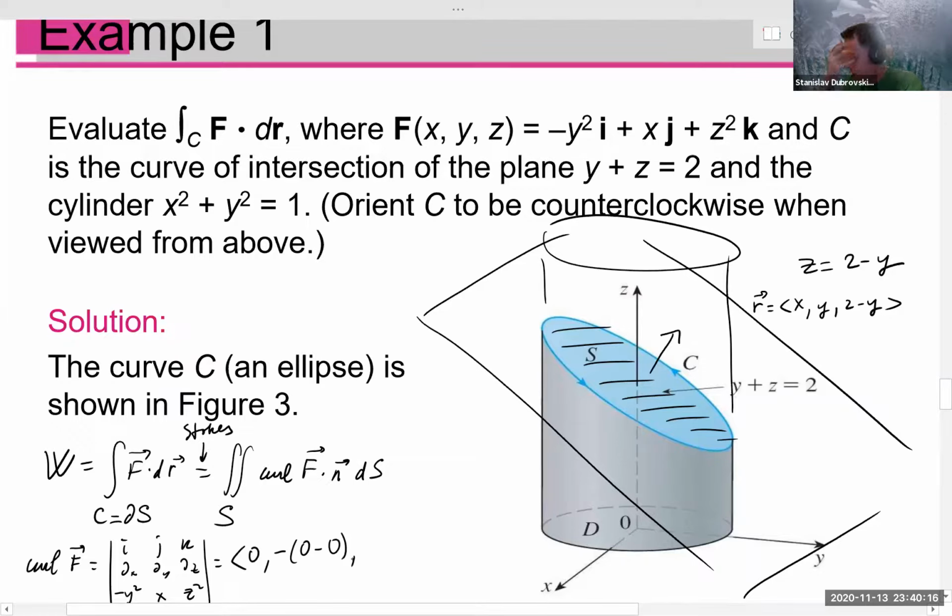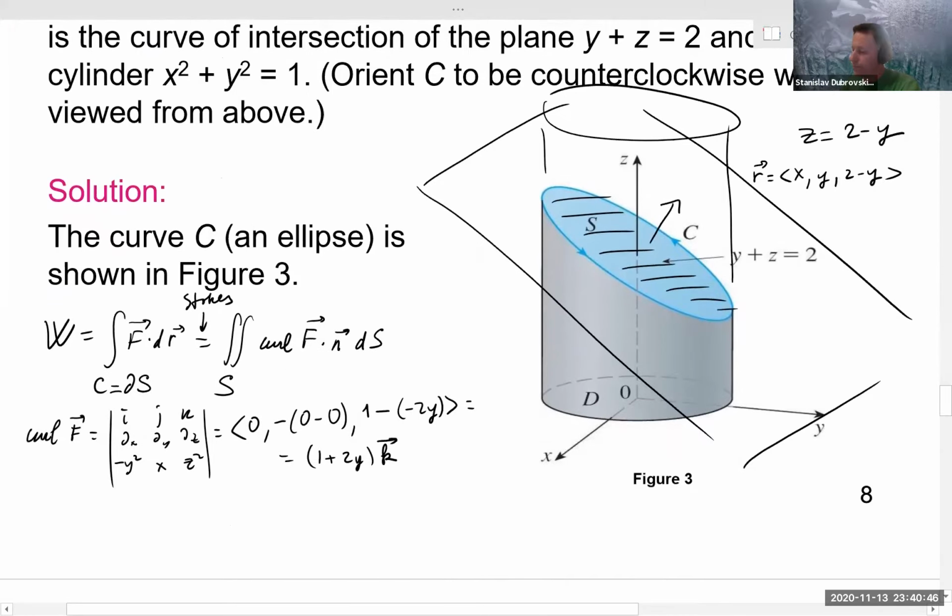And finally, the third component, k: partial x of x is 1, minus partial y of negative y squared is negative 2y. And we'll end up with 1 plus 2y, k. Good. So that is our curl.